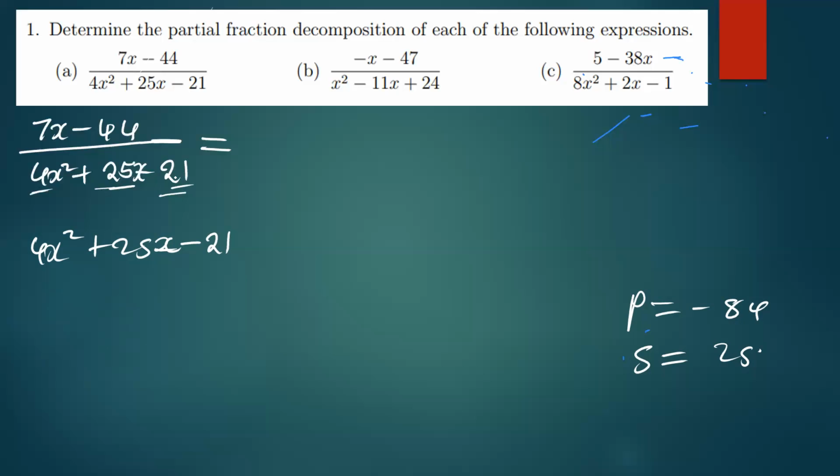Okay, so if we can factorize this, like I said, I don't have any calculator nearby, so we assume it can't be factorized. But I don't know why I feel this question can be factorized.